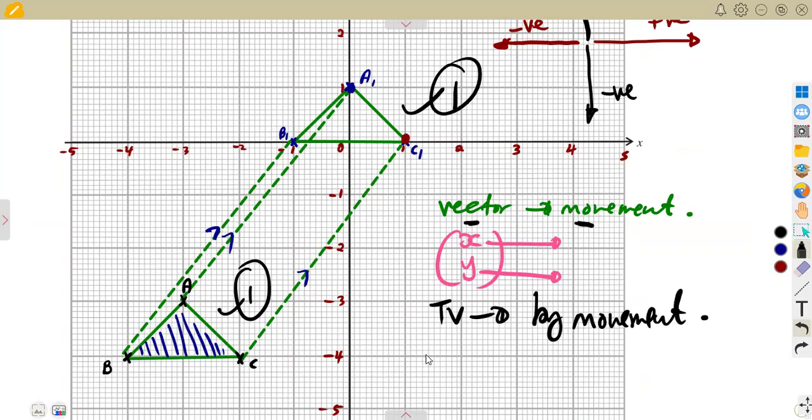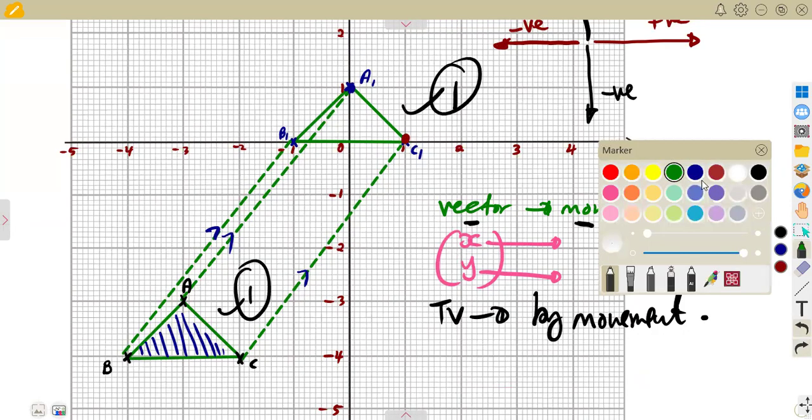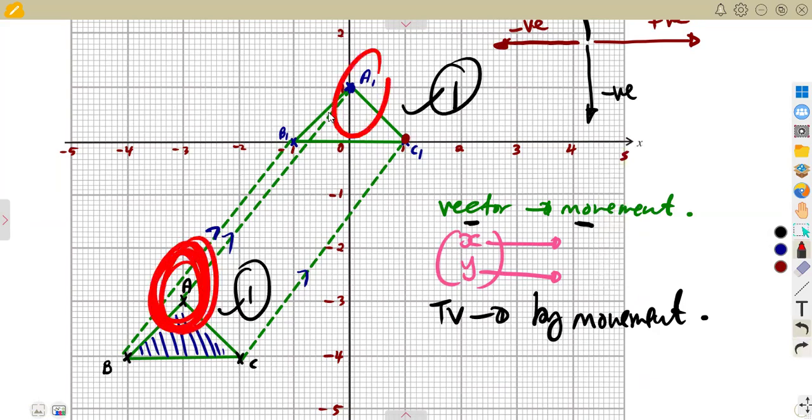If it represents a movement in x and a movement in y, I simply have to ask myself, how am I going to move from point A to point A1? I have to move in x, then y. So this is where A is, guys. Here, we need to move from this point A to point A1. That is a vector.